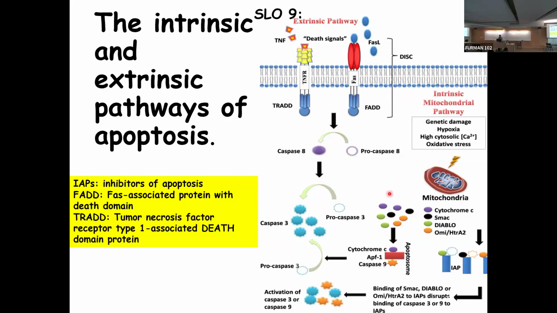That conversion has multiple stages. You don't have to remember procaspase to caspase. If you want to, you can, but the ultimate goal is activation of caspase 3 mostly, or in some cases caspase 9, which are proteins that trigger controlled cell death, which in biological terms is called apoptosis.